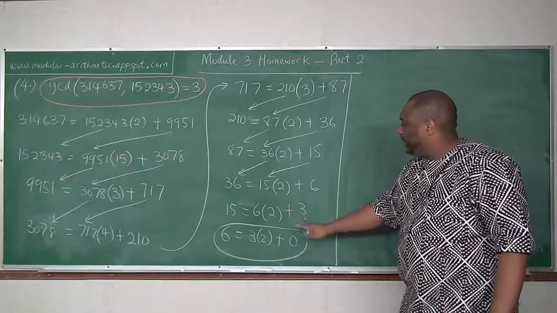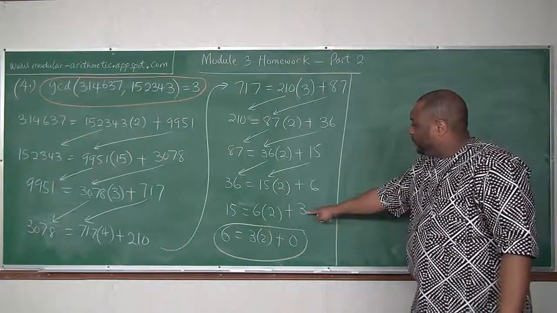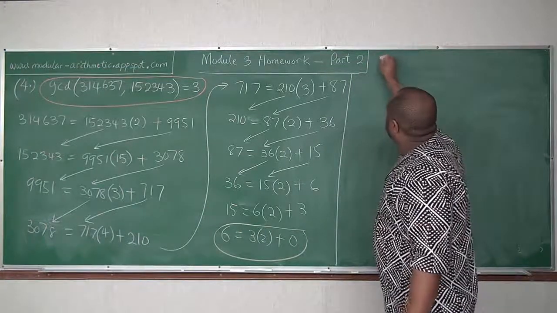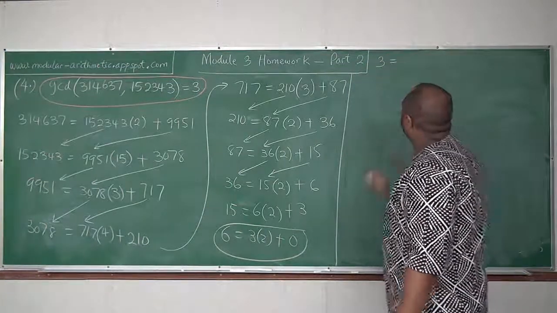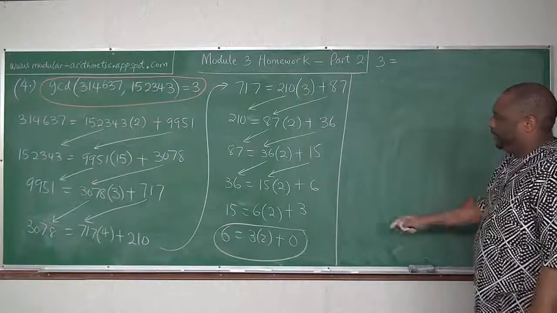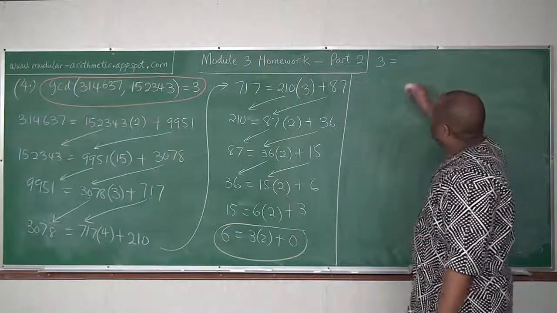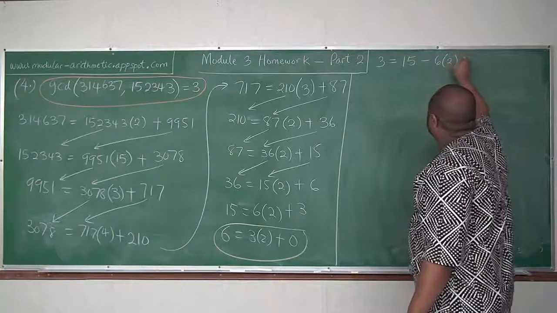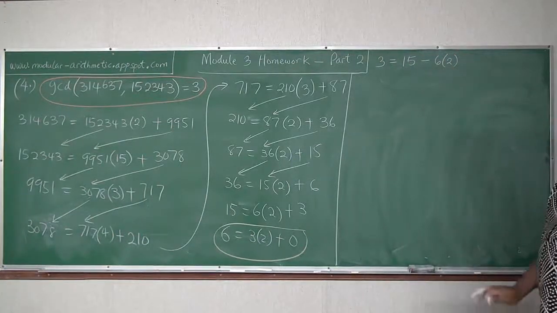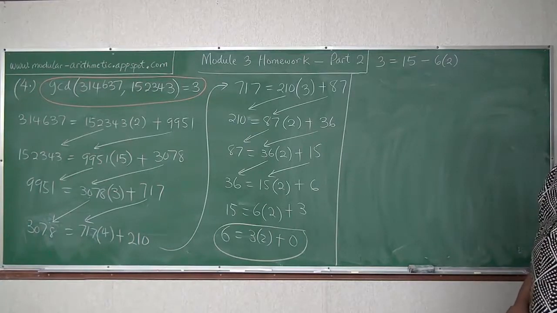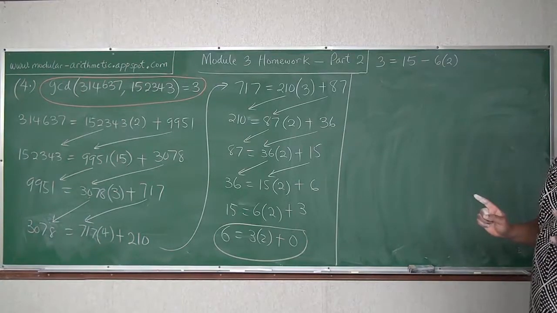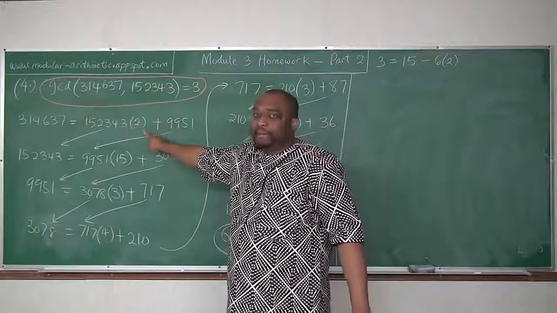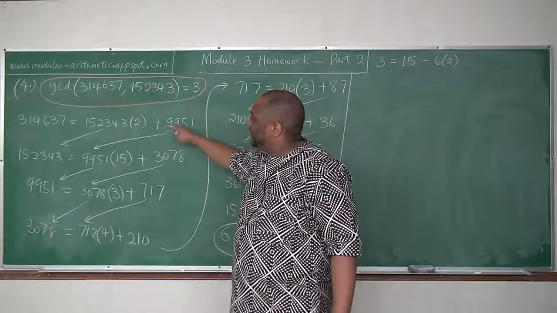The GCD is 3 equal to, okay, 15 minus 6 times 2. You see what I just did now? We are working backwards to get back to this. But then we want the GCD.